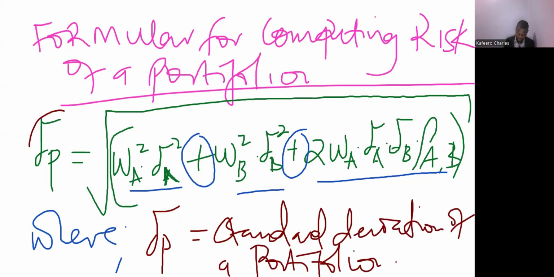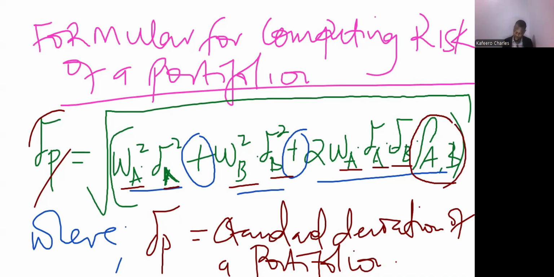So we are going to define each of these: weight A, standard deviation A, weight B, standard deviation B, and lambda. The whole of this is representing one item.